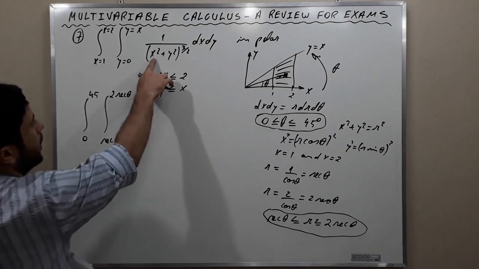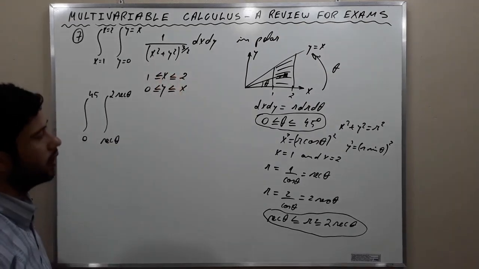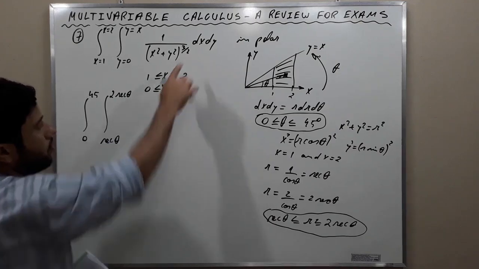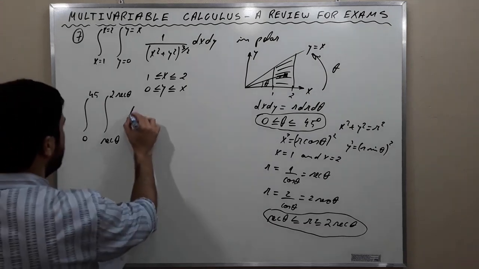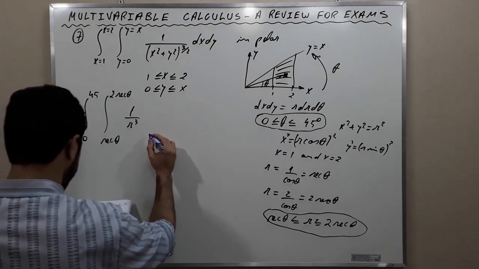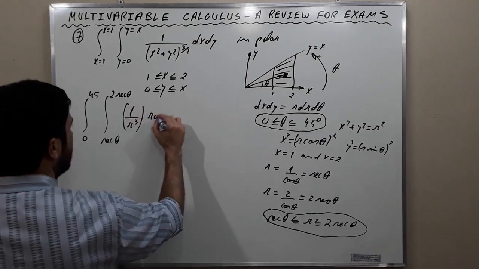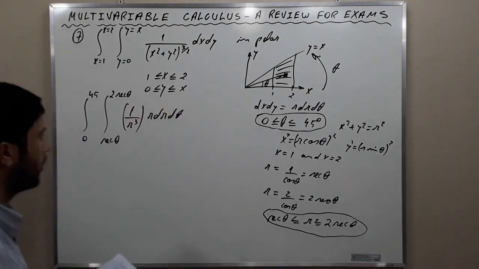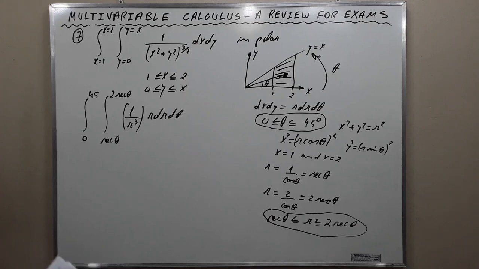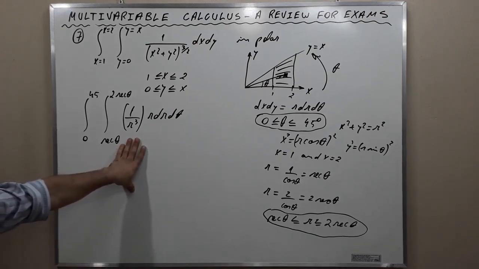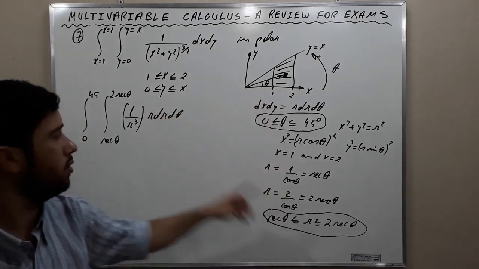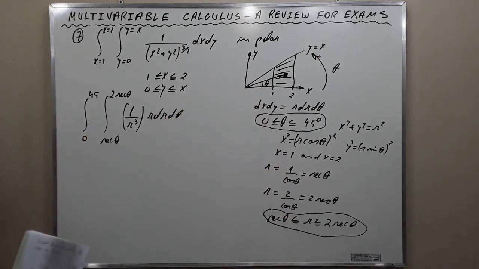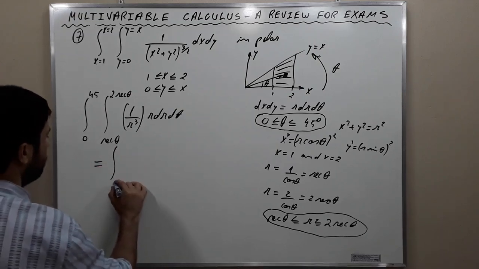Then x squared plus y squared is r squared raised to 3/2, we get 1 over r cubed, times r dr d theta. Alright? And we can now integrate it simply because we have reduced this by applying this reasoning here, and now we have a function that is a lot easier to integrate.